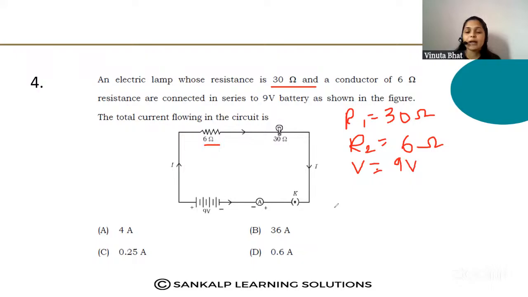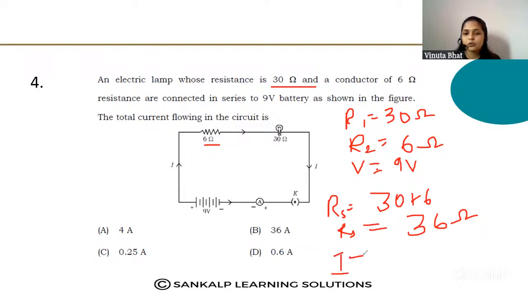When connected in series, the total resistance is 30 ohm plus 6 ohm, that is R is equal to 36 ohm. So we know the R value and we have to find the I value.